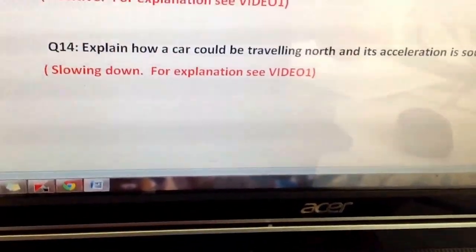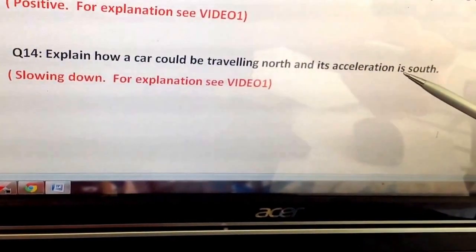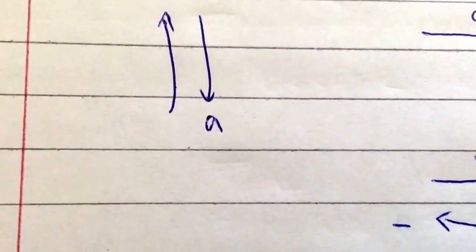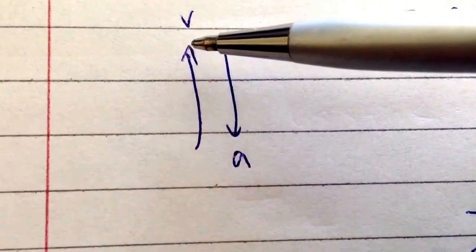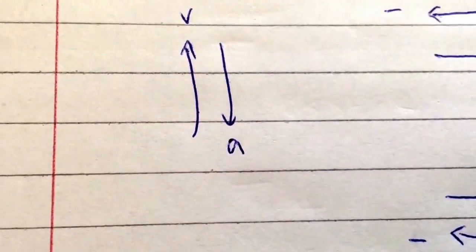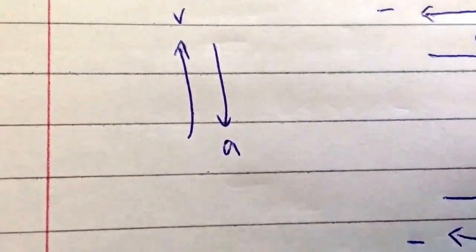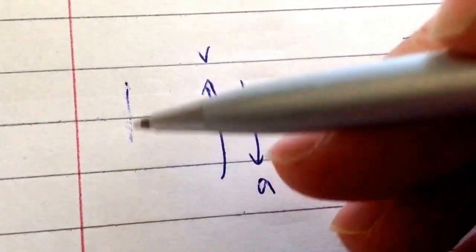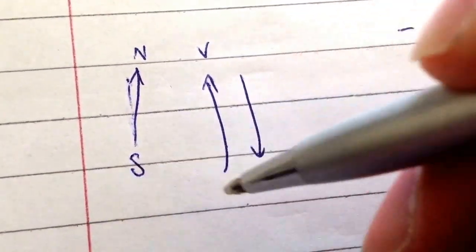Question 14 says, explain how a car could be travelling north and its acceleration is south. Well, that's an example of this question here. If the car is travelling north, its velocity is moving north or up, then the acceleration is south, because remember, if you have a compass here, north is up, south is down, east is this way and west is that way.